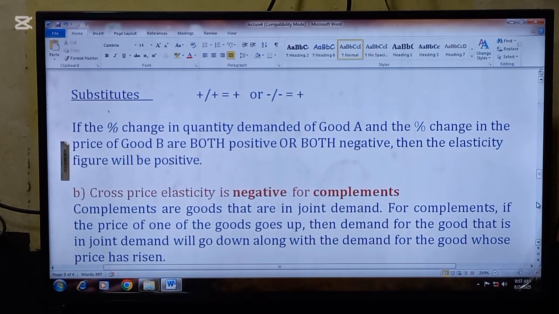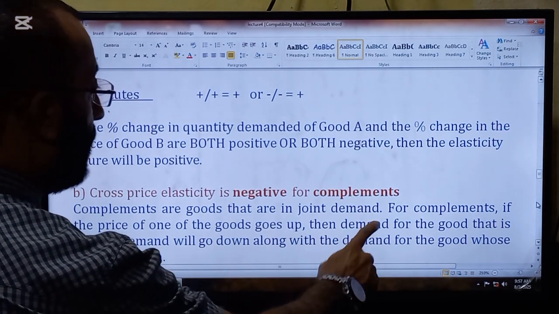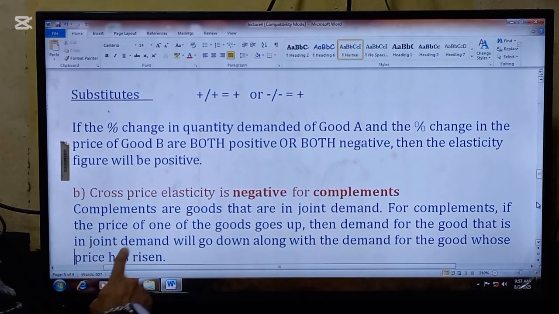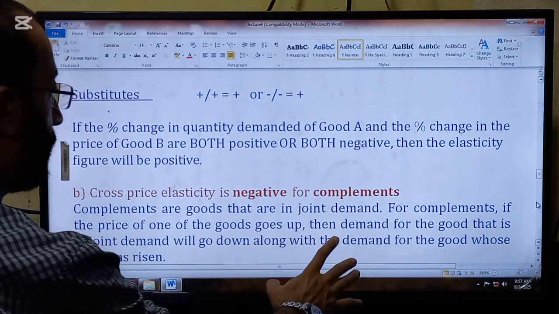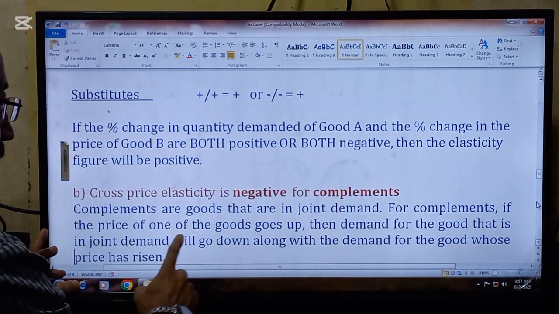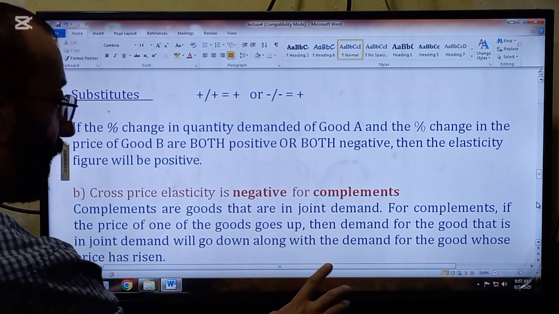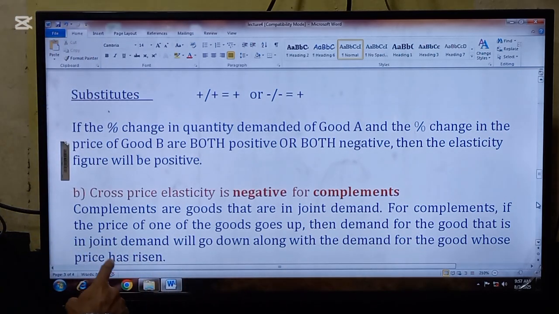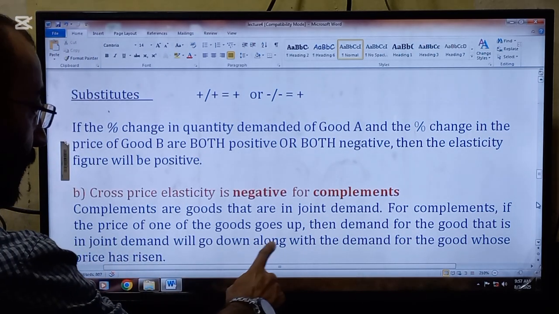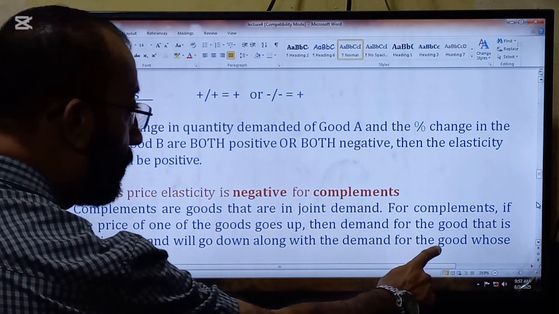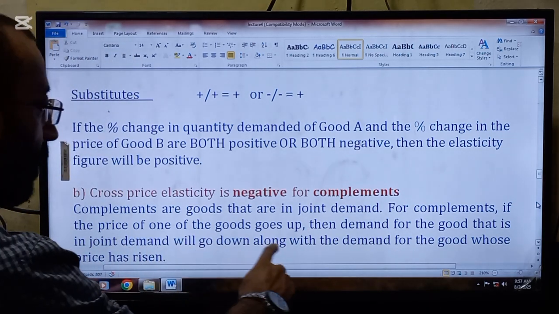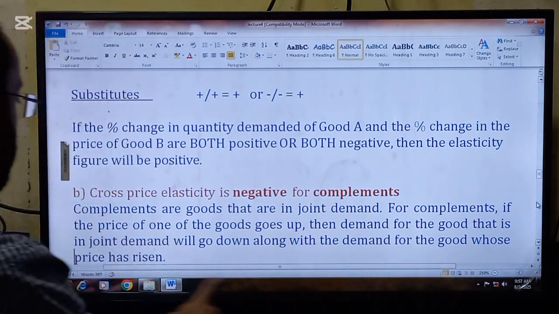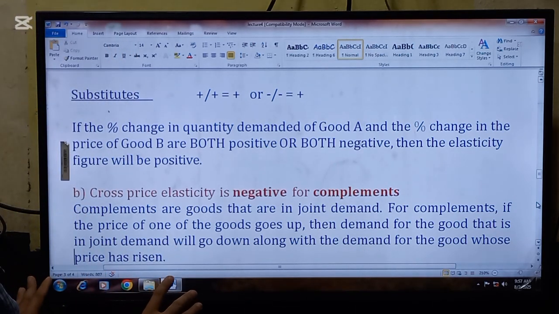The next thing that we are going to read is that cross price elasticity is negative for complements. Complements are the goods that are in joint demand. So this is the definition of complements: goods that are in joint demand. For complements, if the price of one of the goods goes up, then the demand for the good that is in joint demand will go down along with the demand for the good whose price has risen.